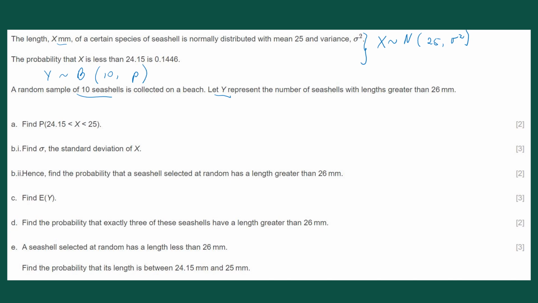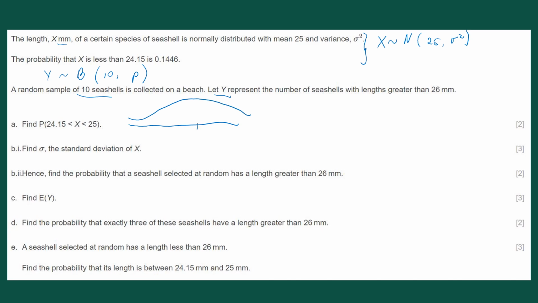The first problem, we have to find the probability that x, which is a normal distribution, is greater than 24.15 and less than 25. We can do that by visualizing the problem.